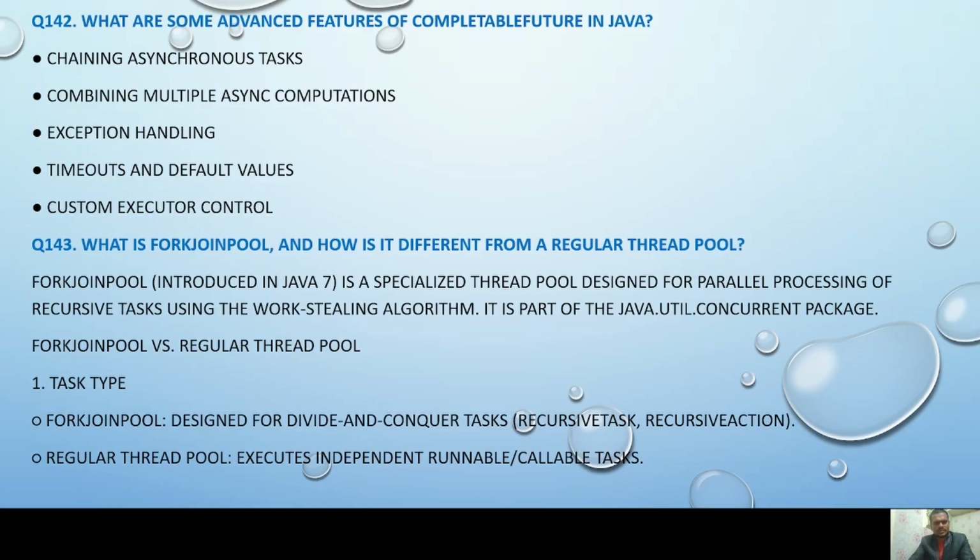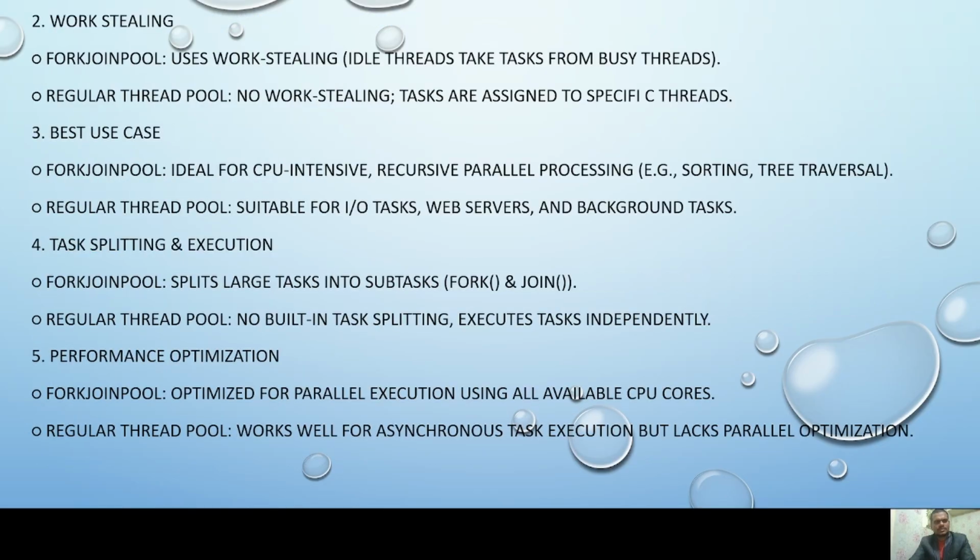A regular thread pool executes independent Runnable and Callable tasks. Work stealing: ForkJoinPool uses work stealing, that is idle threads take tasks from busy threads.